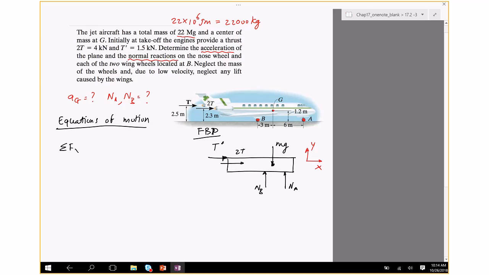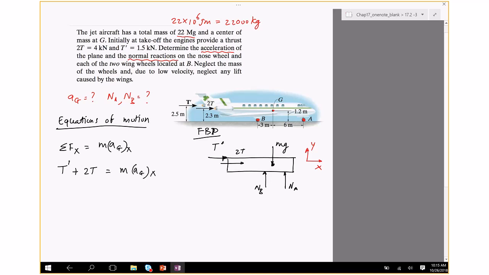There are three equations. Let's try the equation in the x direction. Fx equals mass times acceleration of G in the x direction. So net force is T prime plus 2T. Both of those are acting to the right in the positive x direction, equals mass times acceleration of G in the x direction.